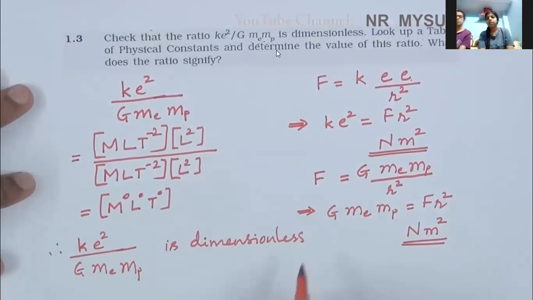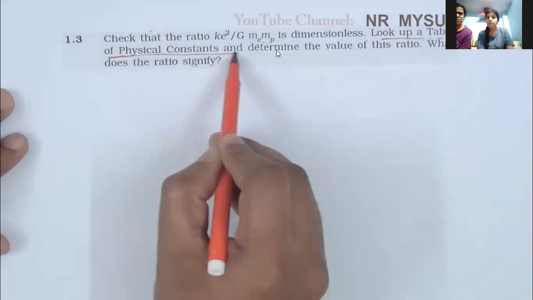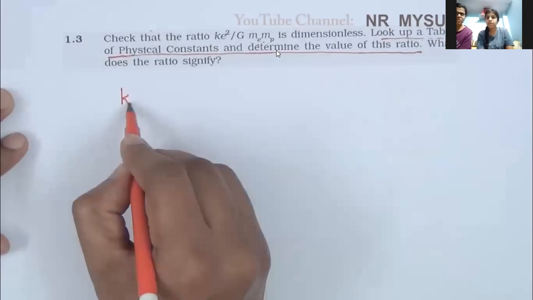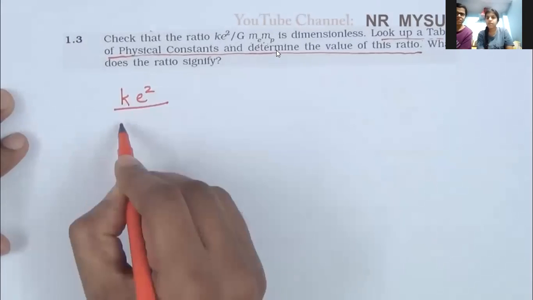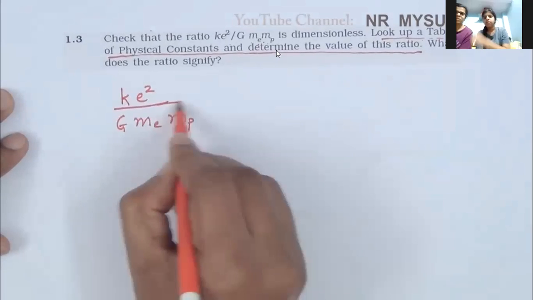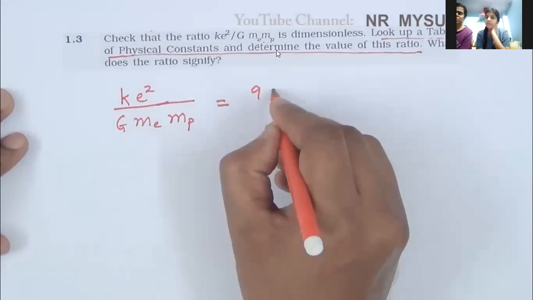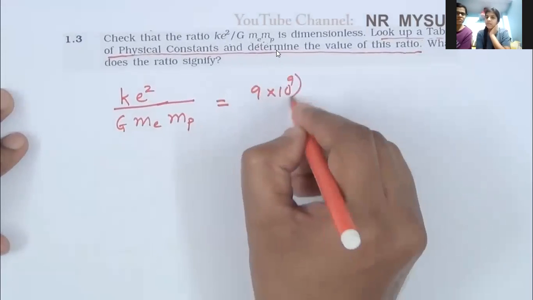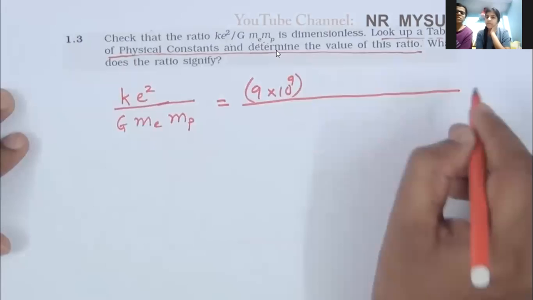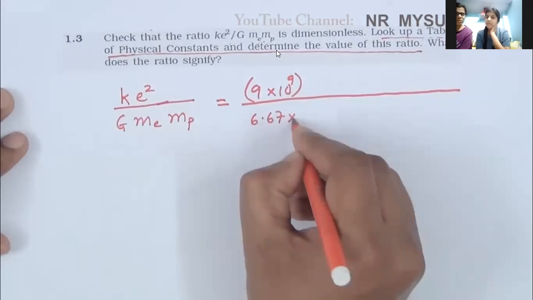Now look up a table of physical constants and determine the value of this ratio. k e squared by G m_e m_p equals: the constant in electrostatics is 9 × 10^9, divided by the gravitational constant, 6.67 × 10^-11.